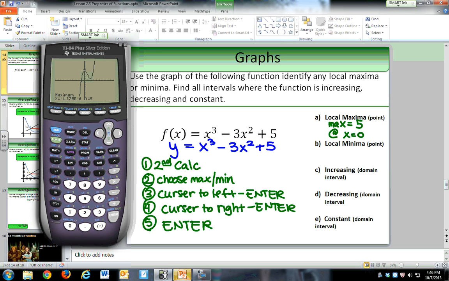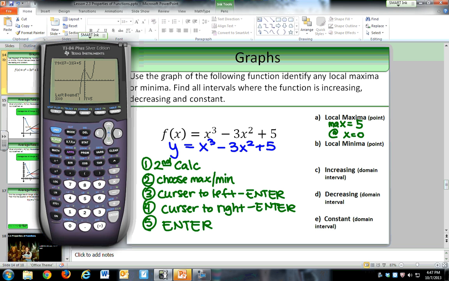Let's do the same thing with the minimum. We'll go through all these steps, 1 through 5, over again. Step 1, do second calc. This time we're looking for the minimum, so we choose option 3, the minimum.